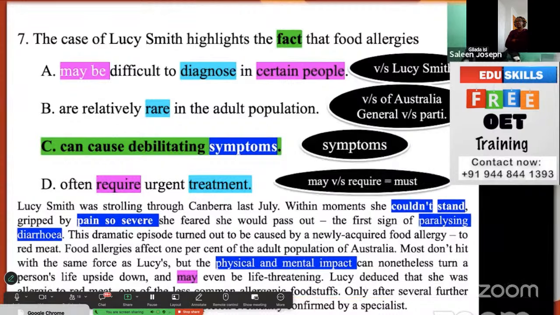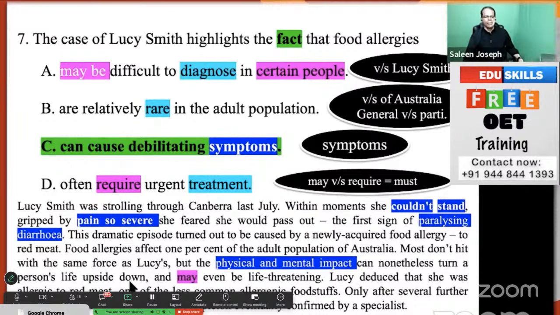Third one is symptoms. Fourth one, "often require urgent treatment." Somewhere the text speaks about treatment: it "can nonetheless turn a person's life upside down and may even be life-threatening." Life-threatening means you need treatment, but it says "may."